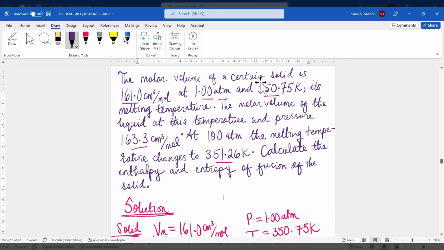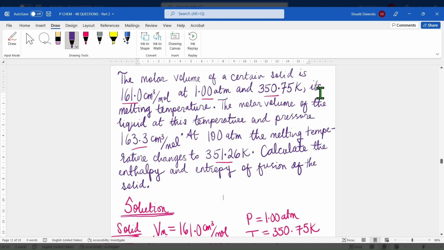We have the molar volume of a certain solid at 1 atm, and 350.75 Kelvin. It's not the temperature. Then we go back again. The molar volume of the liquid at this temperature and pressure. So now we see that 1 atm is occurring in two places.